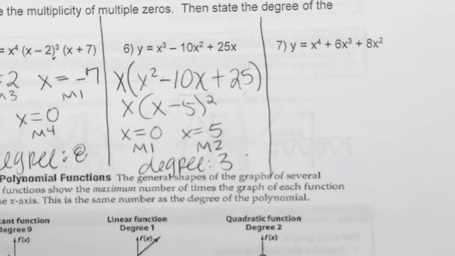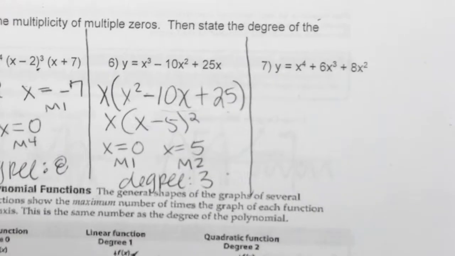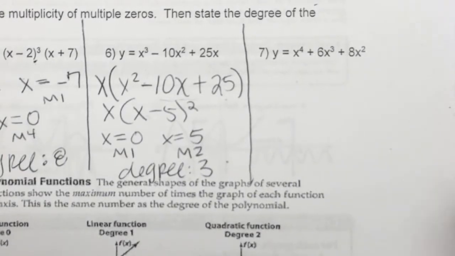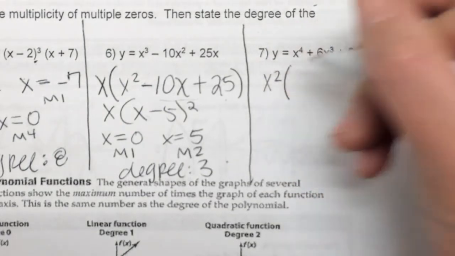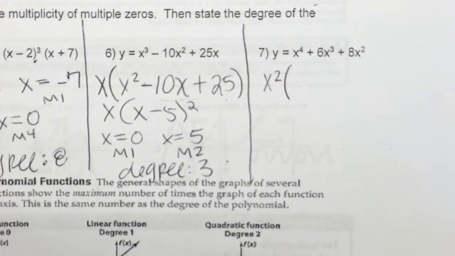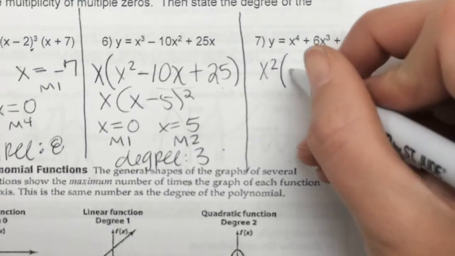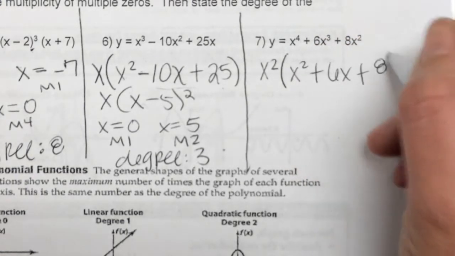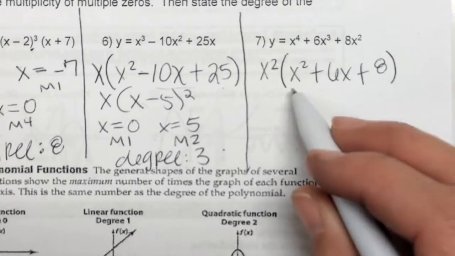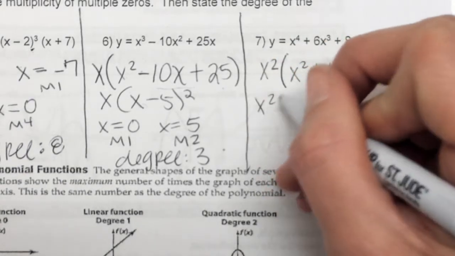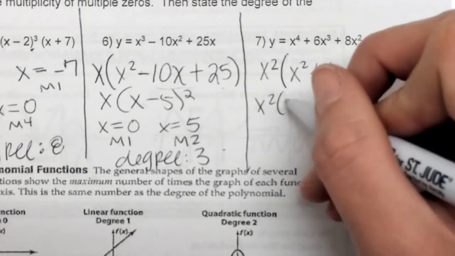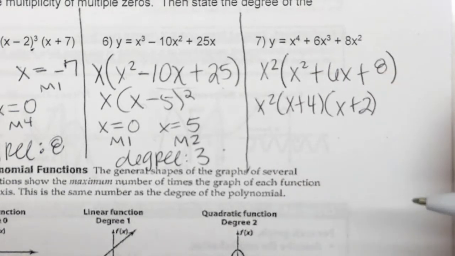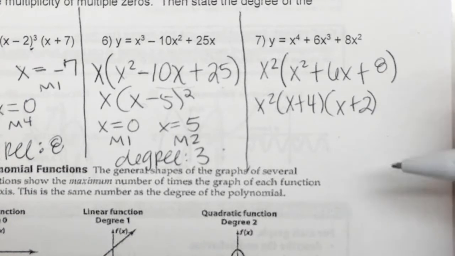Alright, Evan, what did you do first on this problem to factor it? Perfect. Alright, Darius, what would go in the middle if I took out x squared out of everything? Good. And can we do anything with this? Yes. Alright, Connor, what does it factor into? X plus 4 and x plus 2. Very good. So, Brandon, what's one of my zeros?